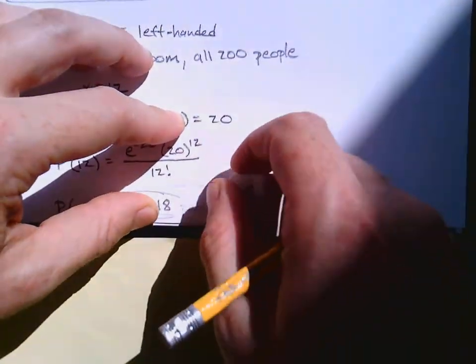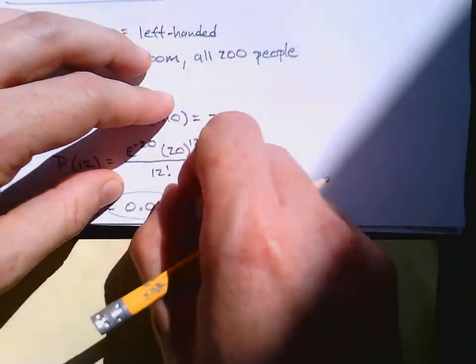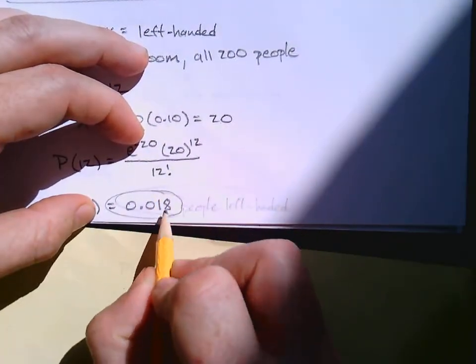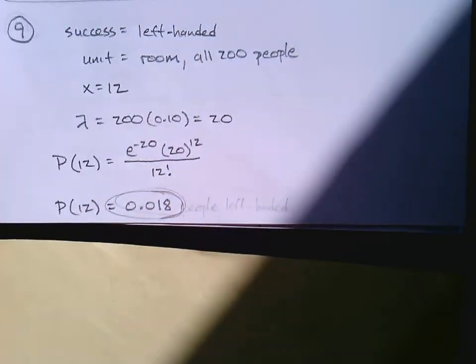And if you're wondering what that represents, what did I write here? People left-handed. No, it's a probability. What was I thinking? The shadows are getting in my head too.